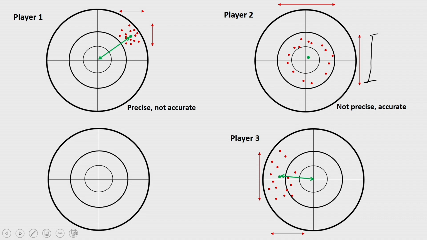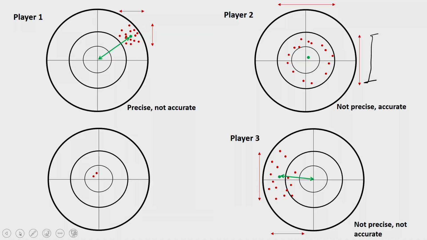Again, there could be some systematic component here, but I can say this player 3 is neither precise nor accurate. You can understand that accuracy is given with respect to the true value, and he is nowhere close to the true value, so he is not accurate. Moreover, the spread of his shots is too large, so he is not precise, or we can say less precise compared to player 1. Similarly, player 2 is also less precise compared to player 1.